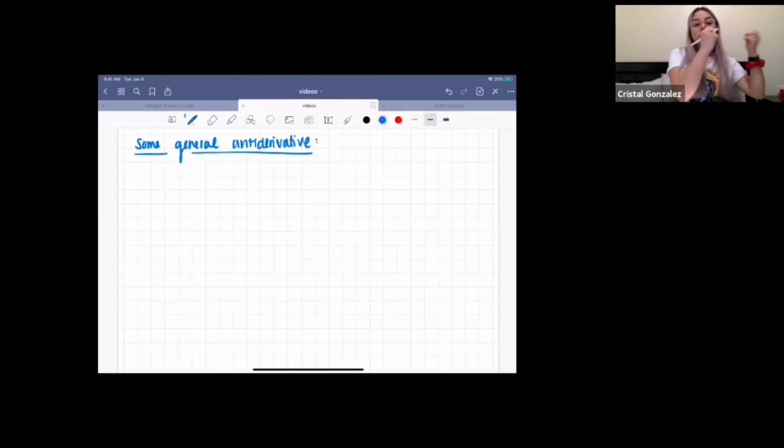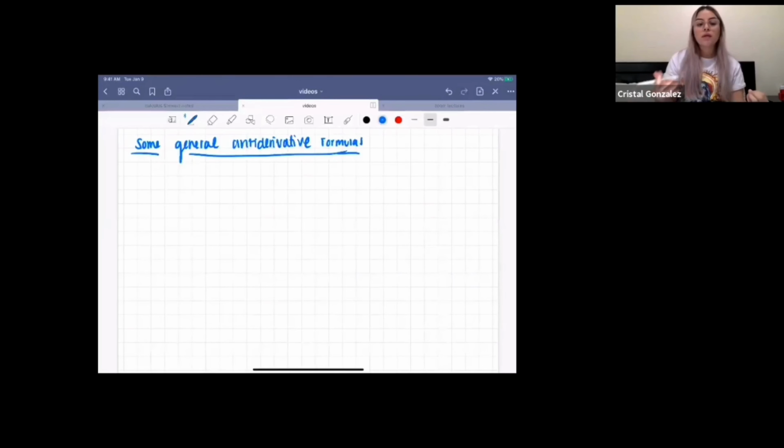Well, now we're going to take a bunch of functions and specify the antiderivative. And this is just some general antiderivative formulas. Not all of them, there's a lot of them, actually. But we'll go through them step by step and we'll just take it easy.